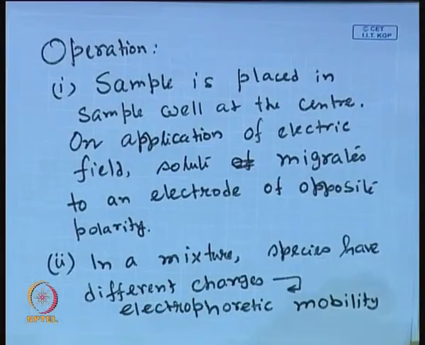Since the electrophoretic mobility is defined as the electrophoretic velocity per unit field strength, on application of electric potential difference, the electrophoretic velocity of various species will be different, and they will migrate at different velocities. So, at the end of the residence time, different species will appear at different regions.